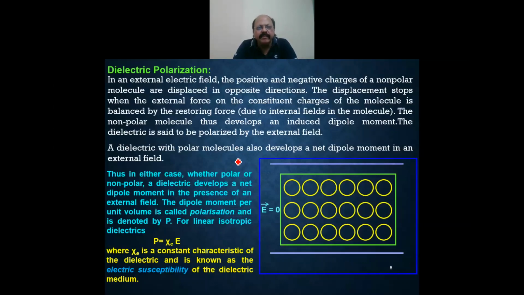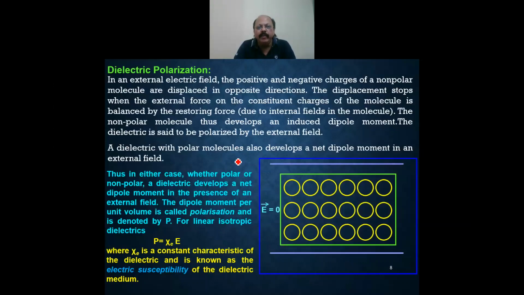Similarly, when a dielectric with polar molecules is placed in an external electric field, it also develops a net dipole moment, as you have just studied. So in either case, whether polar or non-polar molecules, a dielectric develops a net dipole moment in the presence of an external electric field.